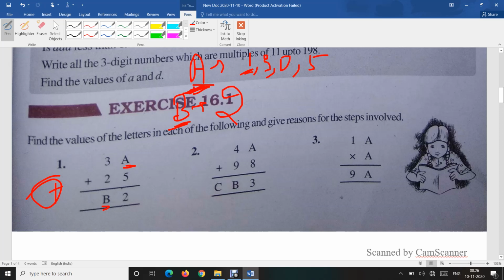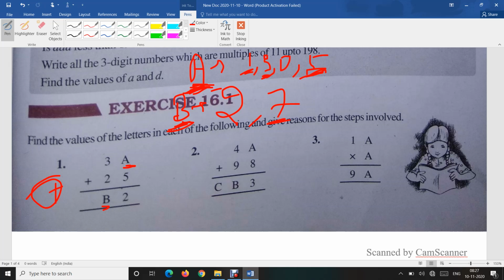If b stands for 2, then a never stands for 2 in the same question. If a stands for 3 or 5, then b never stands for 3 or 5. If b stands for 7, then a never stands for 7. That means the values of a and b can never be the same in the same question. That is the first rule.